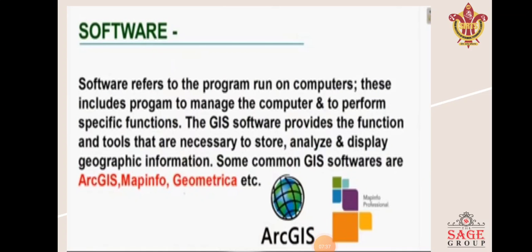Next is data. Data are named as the geospatial and the attribute data in GIS. The GIS facilitates the integration of the spatial and the attribute data, and this makes them unique in contrast to other database systems. The GIS data is handled in a database with special function requirements as well as the general requirements of any standard database.